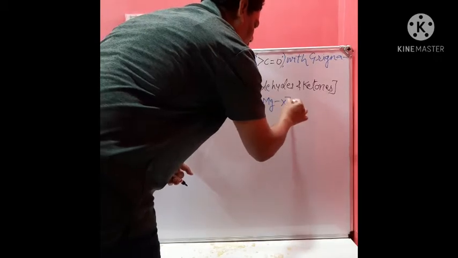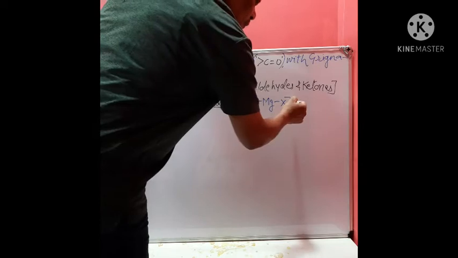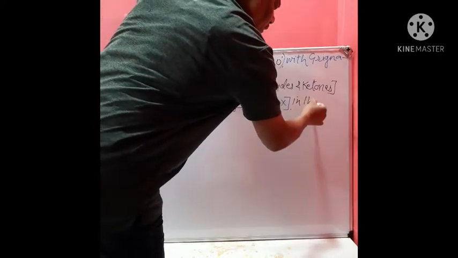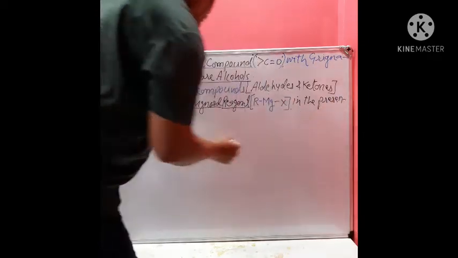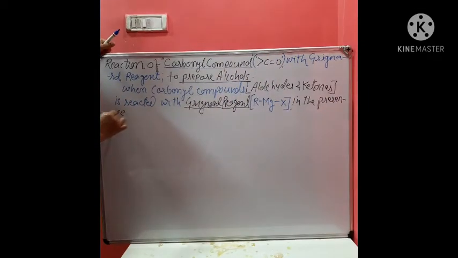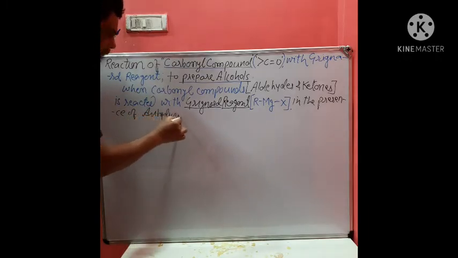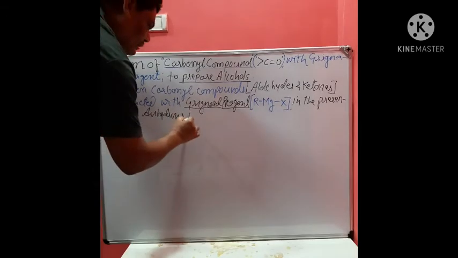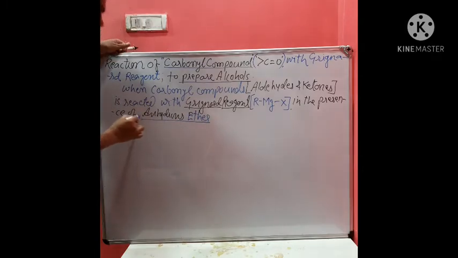So this is denoted by Grignard reagent, RMgX, in the presence of anhydrous ether, okay.